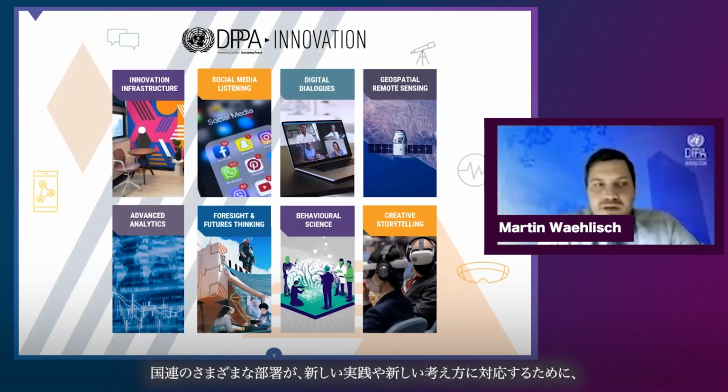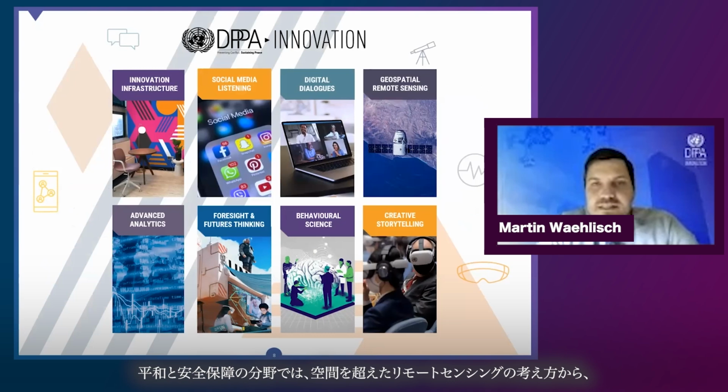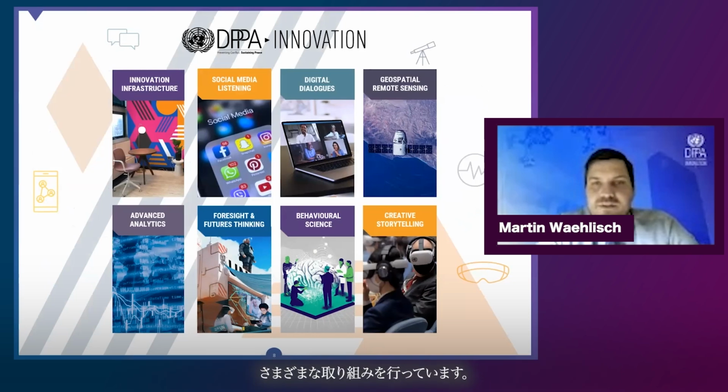So all the different parts of the UN have now dedicated innovation capacities to address new practices and new ways of thinking. For us on the peace and security side, that ranges really from thinking about geospatial remote sensing. I'll give you a quick example on this in a second, as well as immersive storytelling.